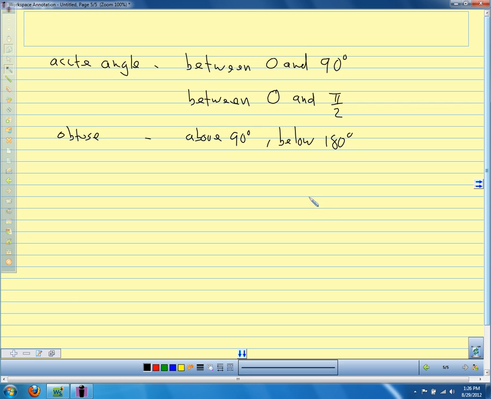So in radian measure, that would be above pi over 2, below pi. So obtuse angles are between pi over 2 and pi. Acute angles are between 0 and pi over 2.